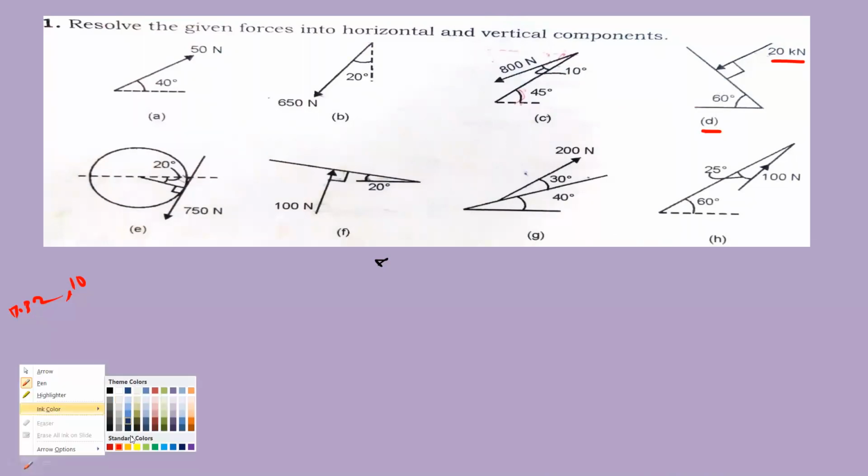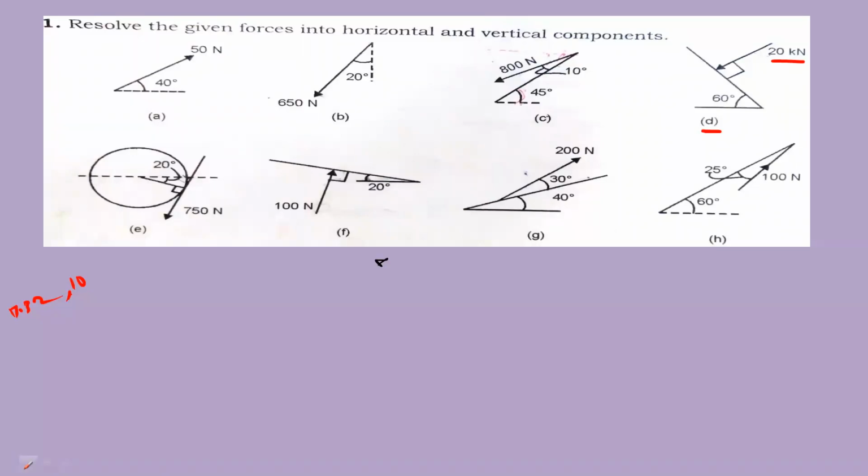Now refer to the next question. The 750 Newton force is tangent to the circle.